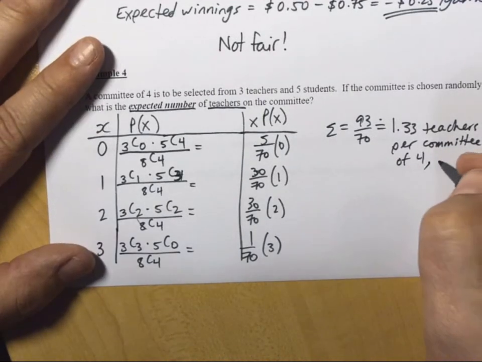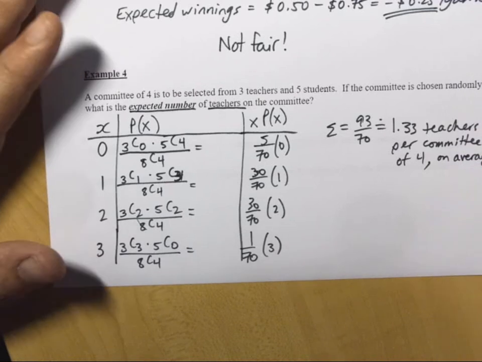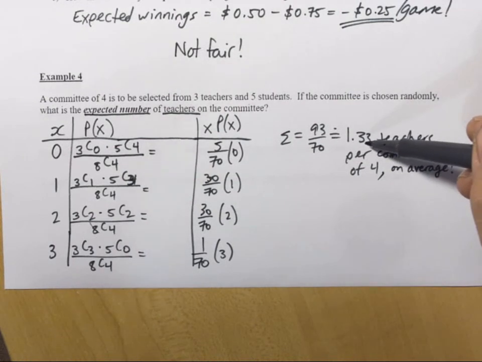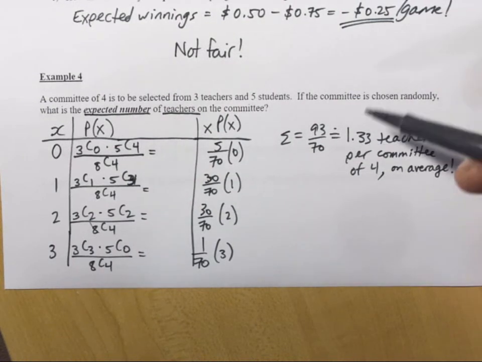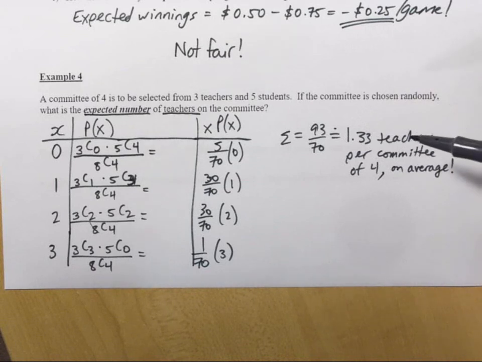And I'm going to put in brackets, on average. That's on average because obviously we can't get 0.33 of a teacher, that's ridiculous. But we can get 1.33 on average. If we do this a million times and we pick committees of 4 a million times, we probably would end up with about 1.33 teachers.